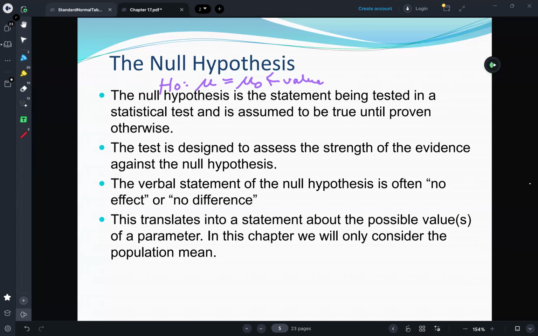That's going to be the p-value. And the verbal statement for the null hypothesis is no effect or no difference. Okay, so this translates into a statement about the possible values of a parameter. Remember, we're talking about parameters here. Parameter is the population mean.